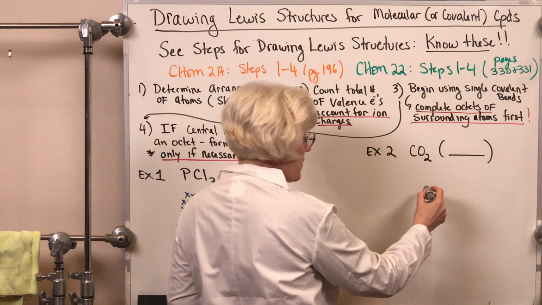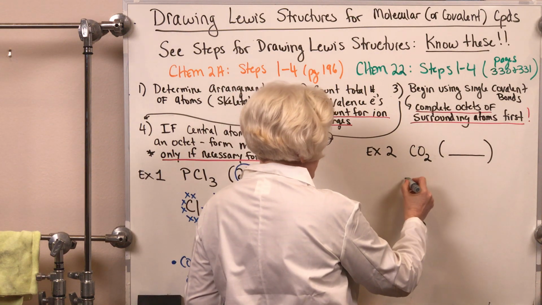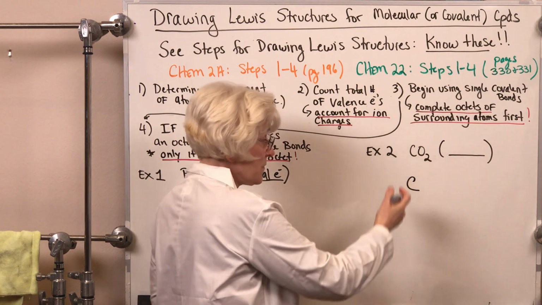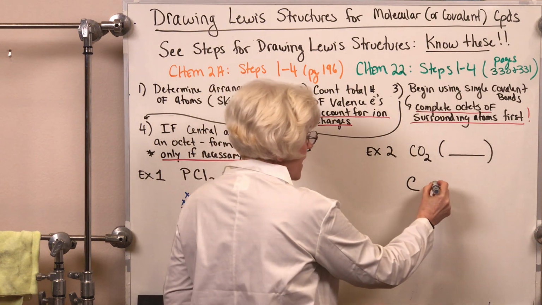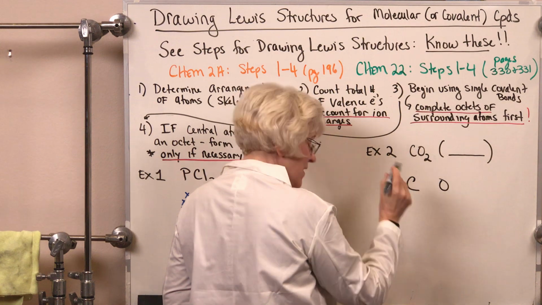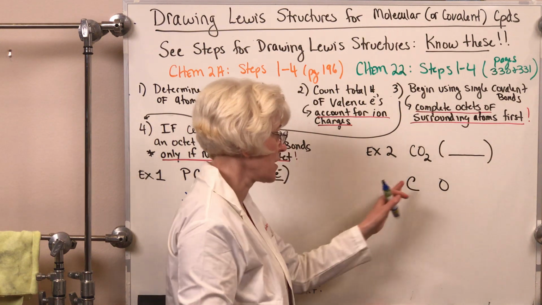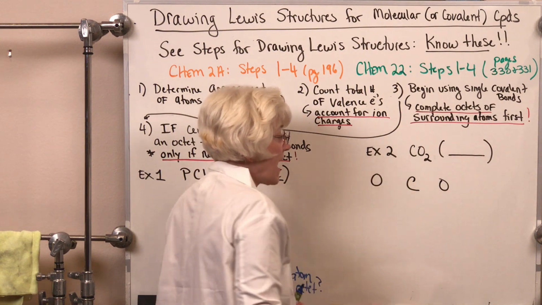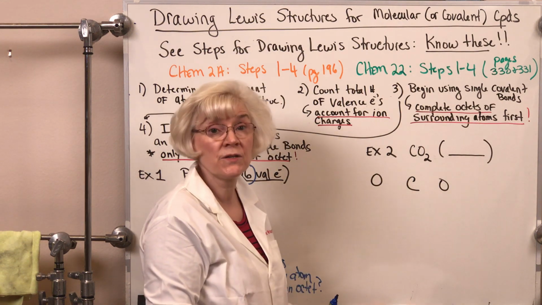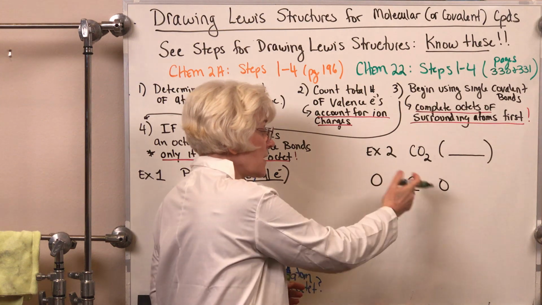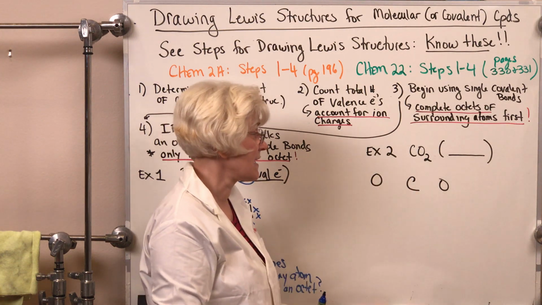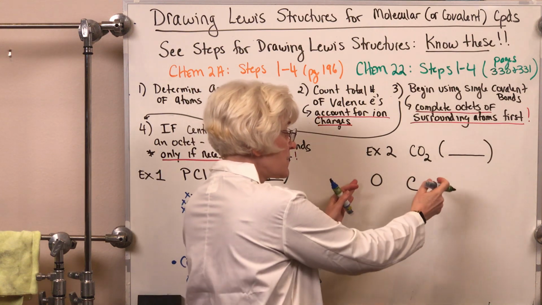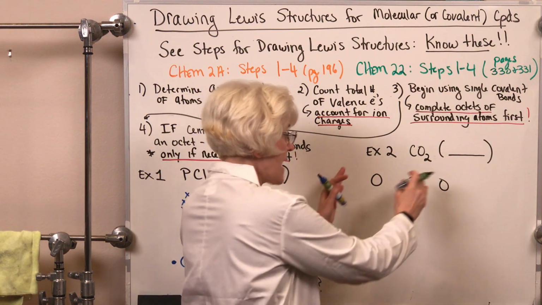So drawing our bonding sketch, we're going to start out assuming that carbon is the central atom, and that each of the oxygen atoms is bonded to the central carbon. There's only 1 carbon atom, we'll place it as central, 2 oxygen atoms, and we will use symmetry principles and balance.